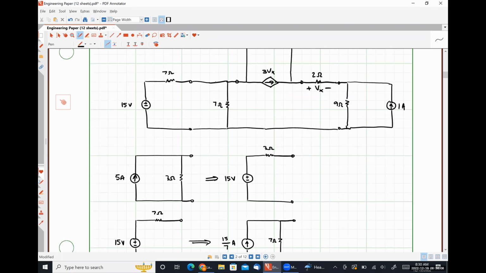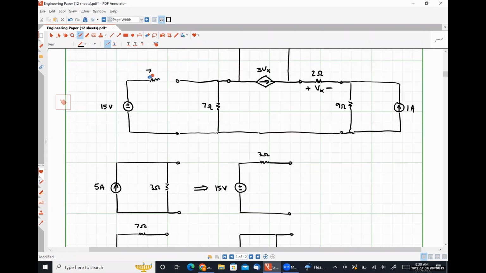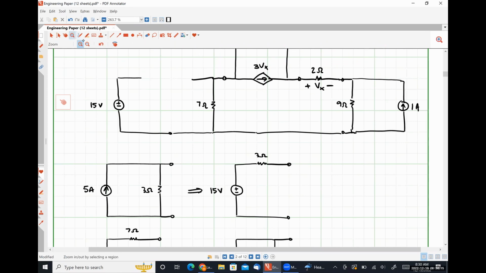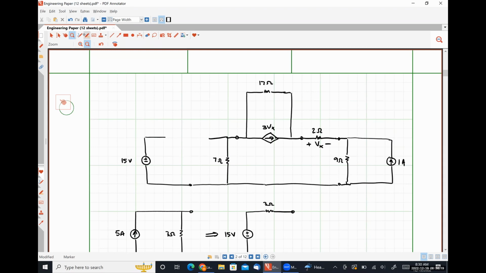So once again, I know this is tedious. I am going to completely disconnect my practical source and replace it at the terminals with my transformed source.